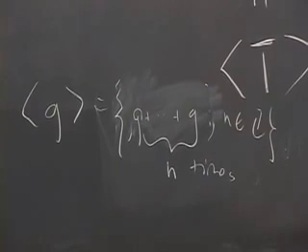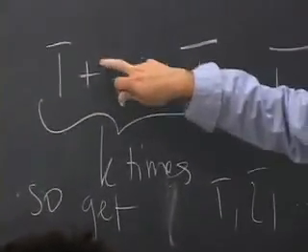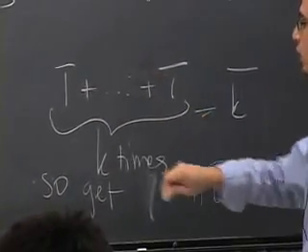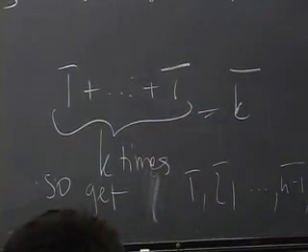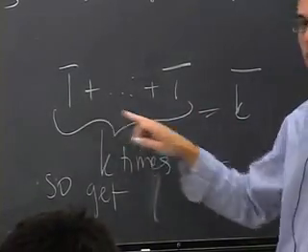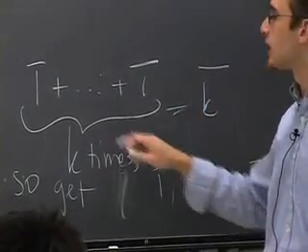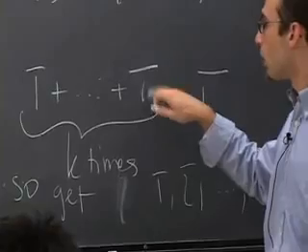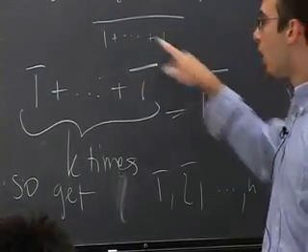In particular, the cyclic subgroup generated by 1 bar contains 1 bar, 1 bar plus 1 bar, 1 bar plus 1 bar plus 1 bar. So it certainly contains 1 bar added to itself k times. Well, if I add 1 bar to itself k times, then I get k bar because of associativity. 1 bar plus dot dot dot plus 1 bar just looks like 1 plus dot dot dot plus 1, k times, all bar.